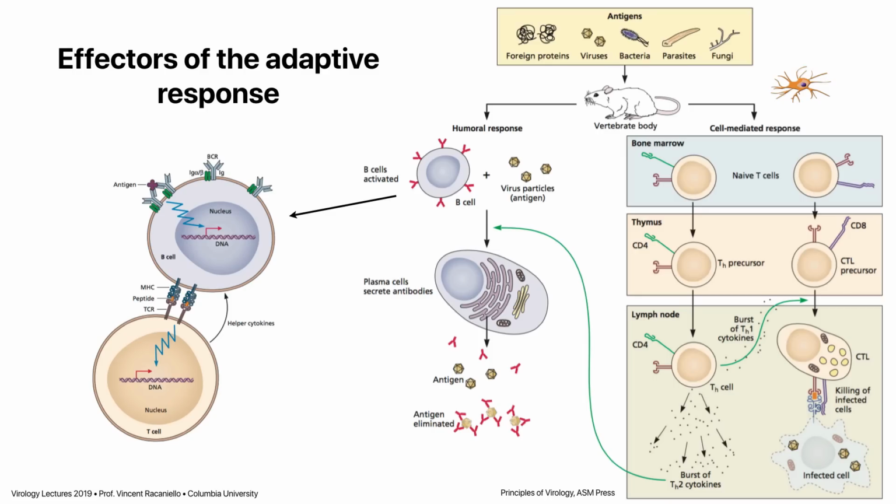So here is a CD4 positive T cell, which is presenting the peptide to the B cell at the same time. This leads to the production of cytokines, helper cytokines that are important for the maturation of the B cell. But in the end, the real key here is that these B cells respond to the foreign peptides by the production of antibodies, the little red Ys, and those are going to be important for dealing with the infection.